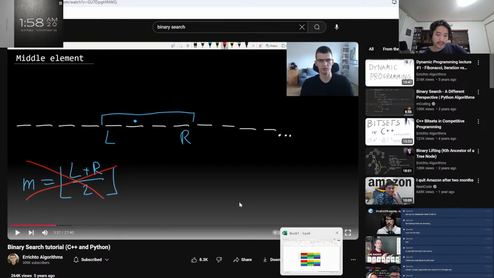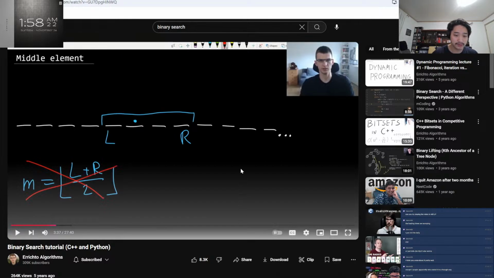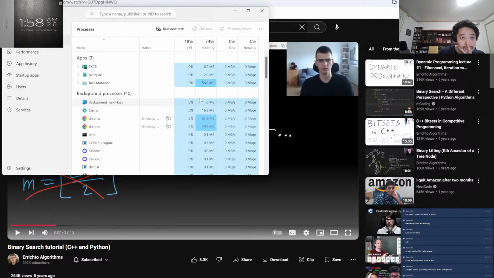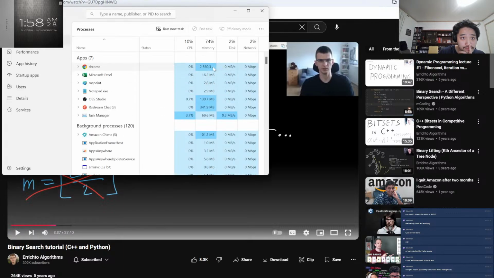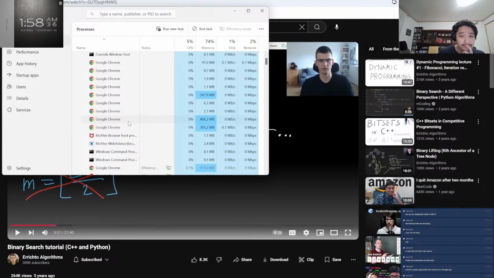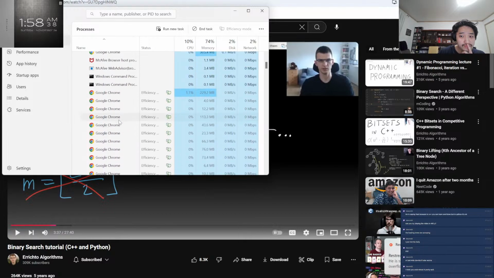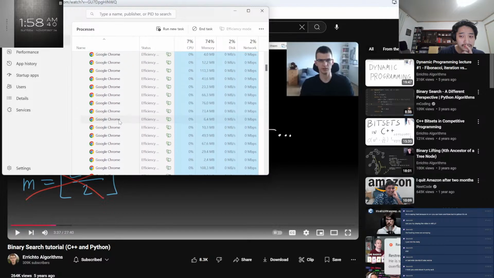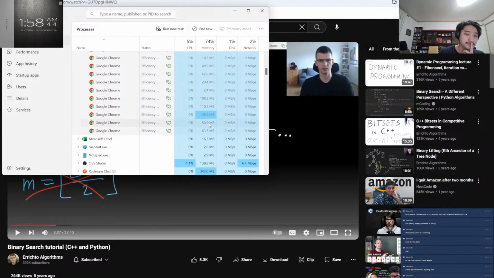Like, what else can I close that makes this faster? It's Chrome that's obviously killing it. He is saying that because in C++ you're gonna have overflow, yeah, but in Python it's okay.